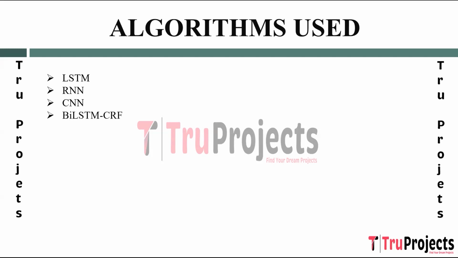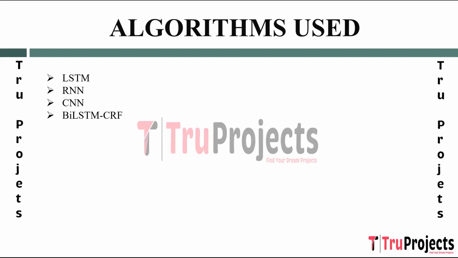Bi-LSTM CRF, bidirectional LSTM with conditional random field. Bi-LSTM CRF is a hybrid model that combines bidirectional LSTM, bi-LSTM, with conditional random field, CRF, for sequence labeling tasks. Bi-LSTM captures contextual information from both forward and backward directions, allowing it to effectively model long-range dependencies in sequential data.